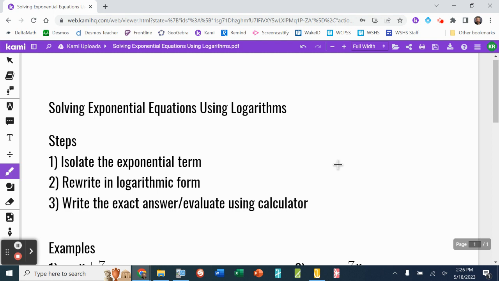Once that's done, we're going to rewrite the equation in logarithmic form. Then I'm going to solve it and write the exact answer or evaluate the answer using a calculator, depending on what the directions of the assignment are. I'm going to show you both here in this video.